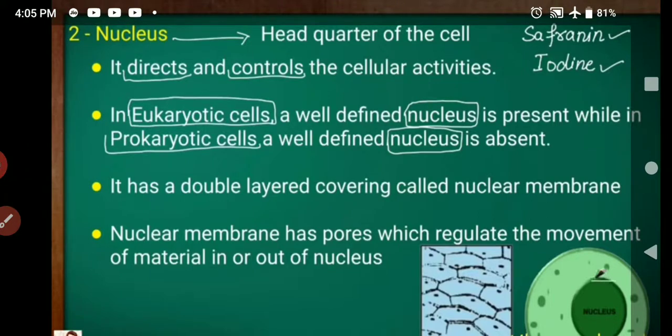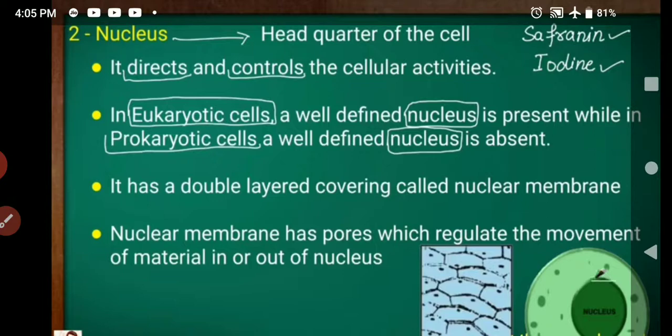And see, nucleus contains chromosomes. Chromosomes are composed of DNA and protein. Chromosome carries the characters from generation to generation. It carries characters from parents to next generation in the form of DNA.